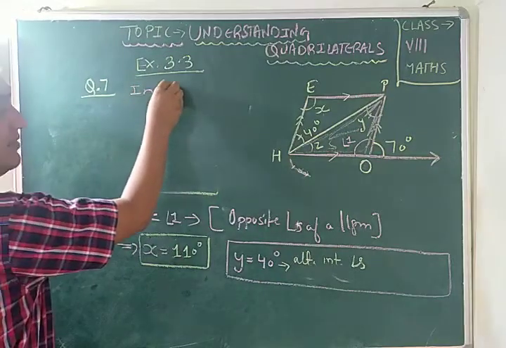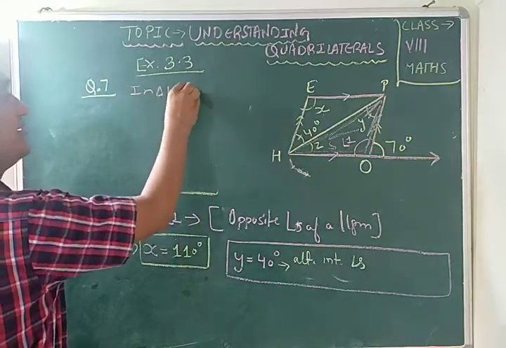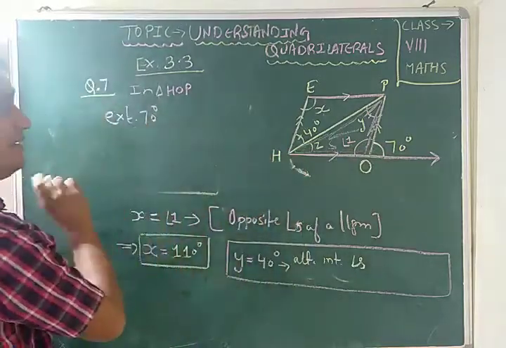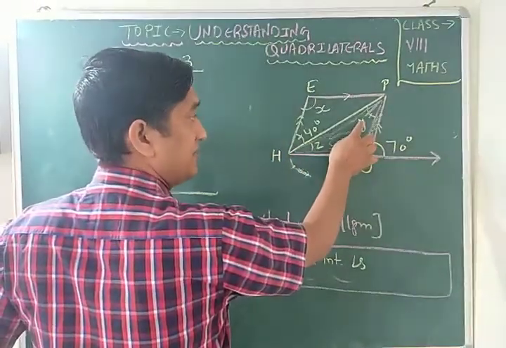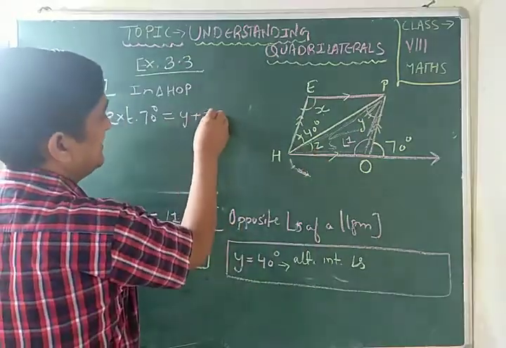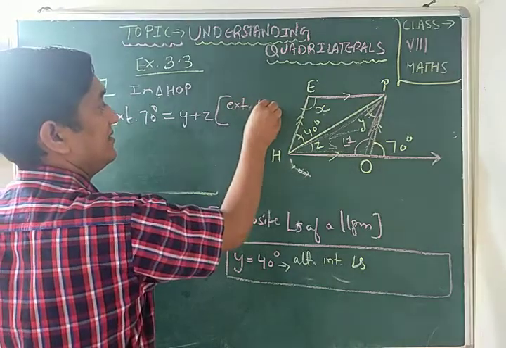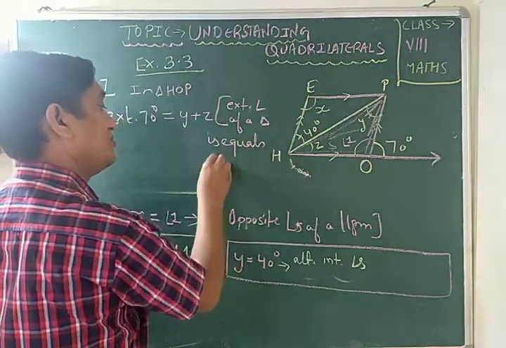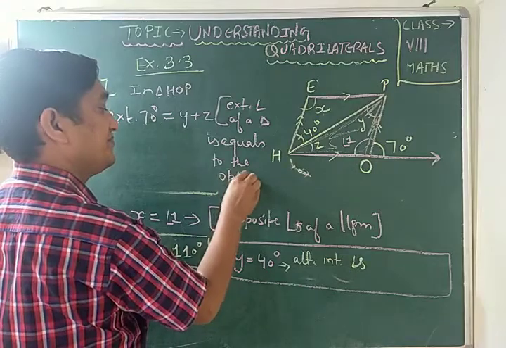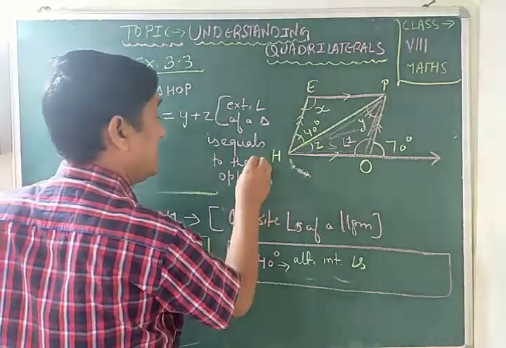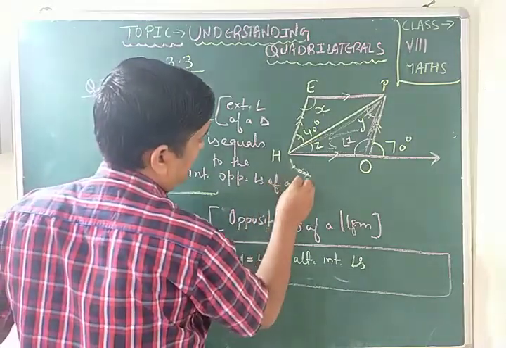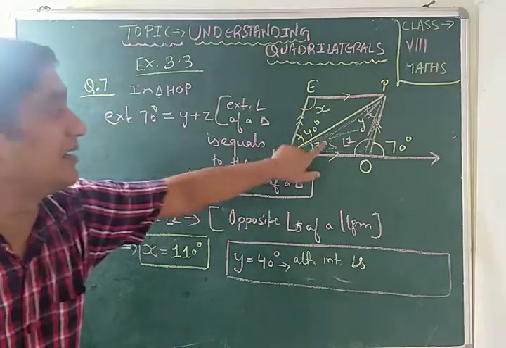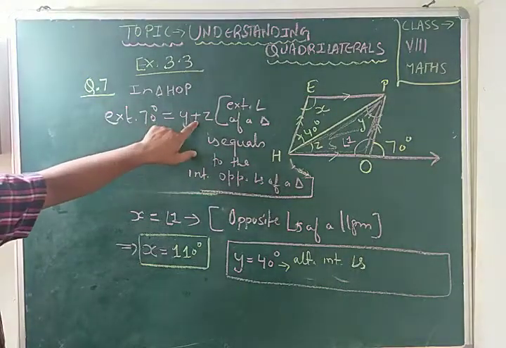In triangle HOP, the exterior angle 70 degrees is equal to the sum of y and z. The exterior angle of a triangle is equal to the sum of the interior opposite angles. This is the concept.